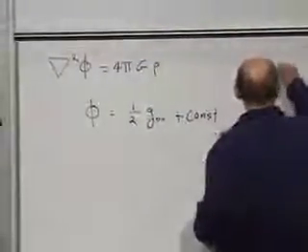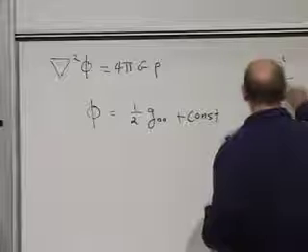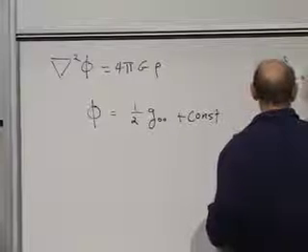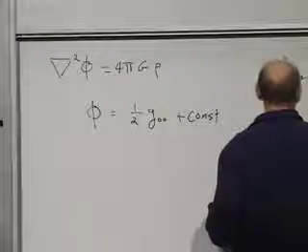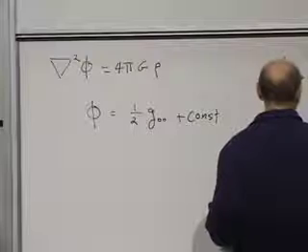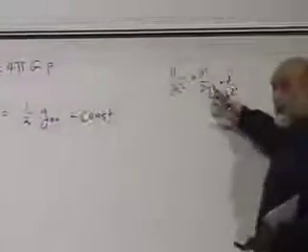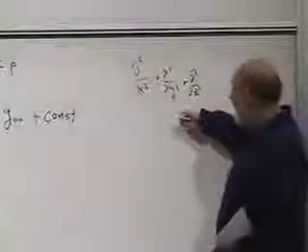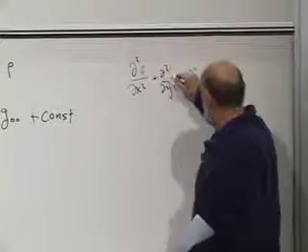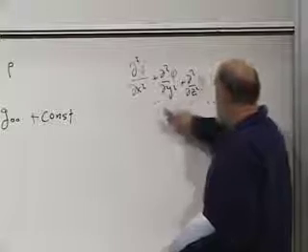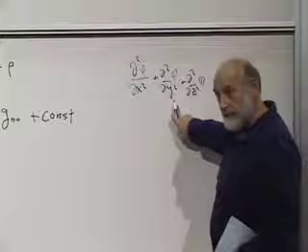It's the second derivative with respect to x plus the second derivative with respect to y plus the second derivative with respect to z. What it says is that some are positive and some are negative. It doesn't say that each one of these is 0.